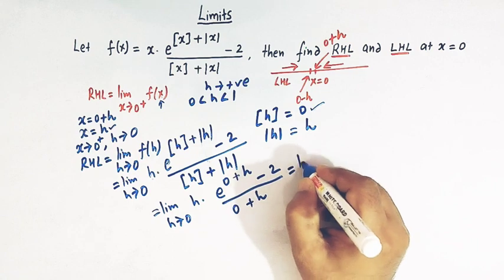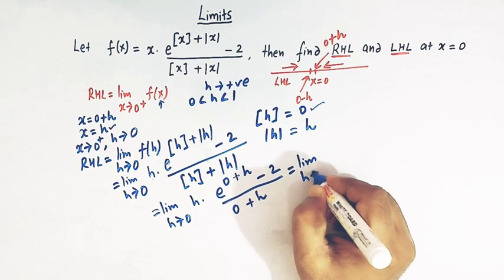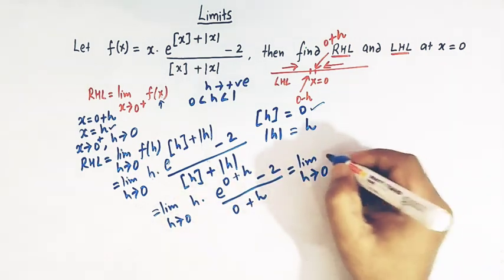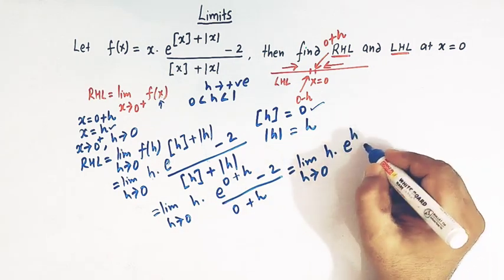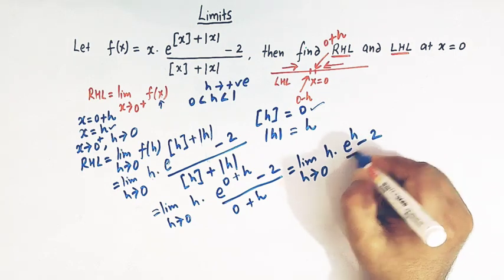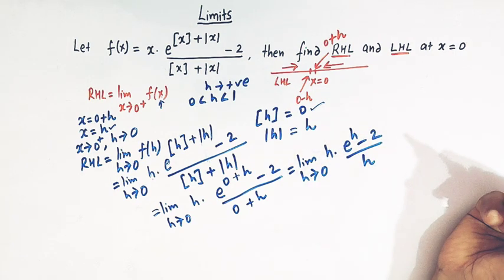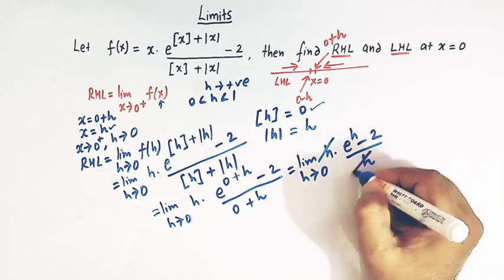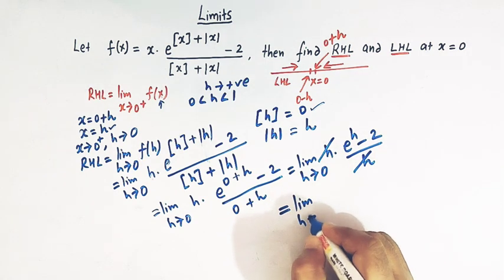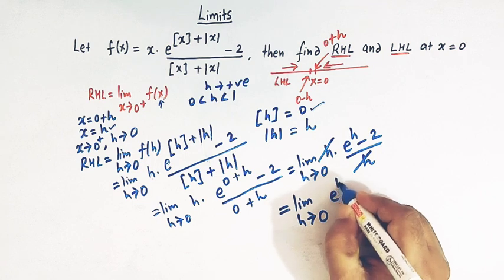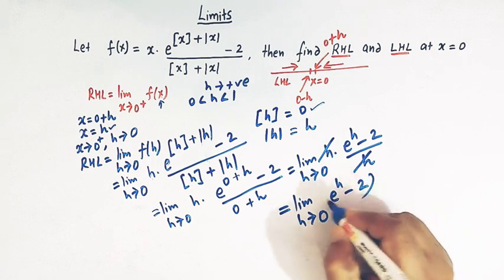Now let us simplify it further. We have limit h tends to 0 of h times e raised to h minus 2, divided by h. Now this h and this h get cancelled, so we are left with limit h tends to 0 of e raised to h minus 2.